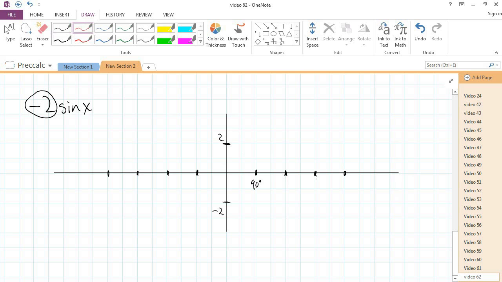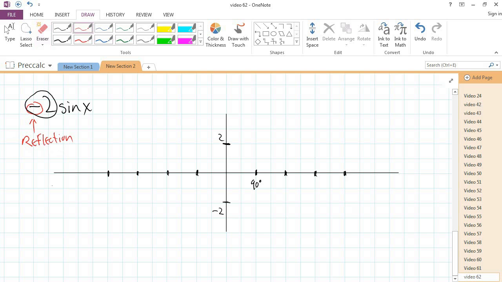Okay. Now from here, I just do my sine dance. Middle up, middle down, middle up, middle down. Except there's one little change. This negative out in front is a reflection. Meaning that sine is reflected across the x-axis. If you remember when we did transformations, multiplying a negative out in front reflected things along the x-axis.